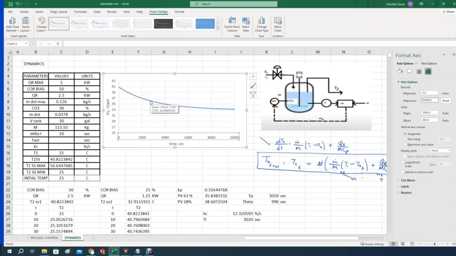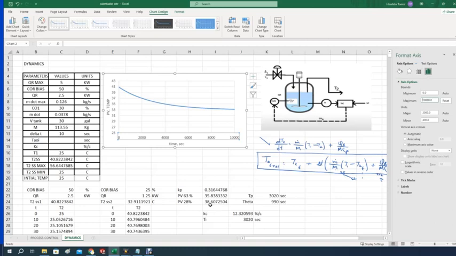And then when you start to move, you can see that it's somewhere around 3,000 more or less. And that's actually what I get here from the table. But if I modify this curve to make life easier, then you will get a better idea from the graph of where the numbers are. Where is the PV of 63 and where is the PV of 28%?